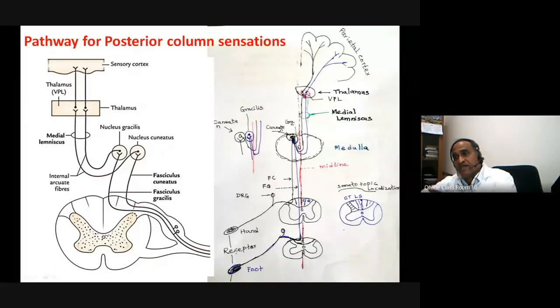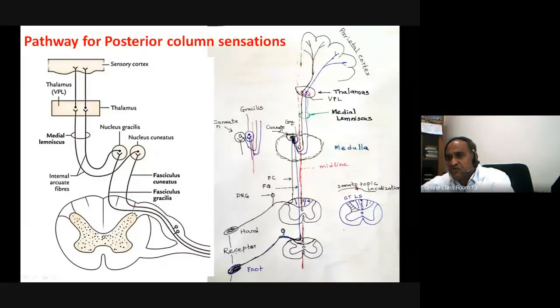That is where it relays. And from the ventro-posterior lateral nucleus of the thalamus, it will give to the cortex. This is the parietal cortex. That is the pathway for the posterior column sensations.